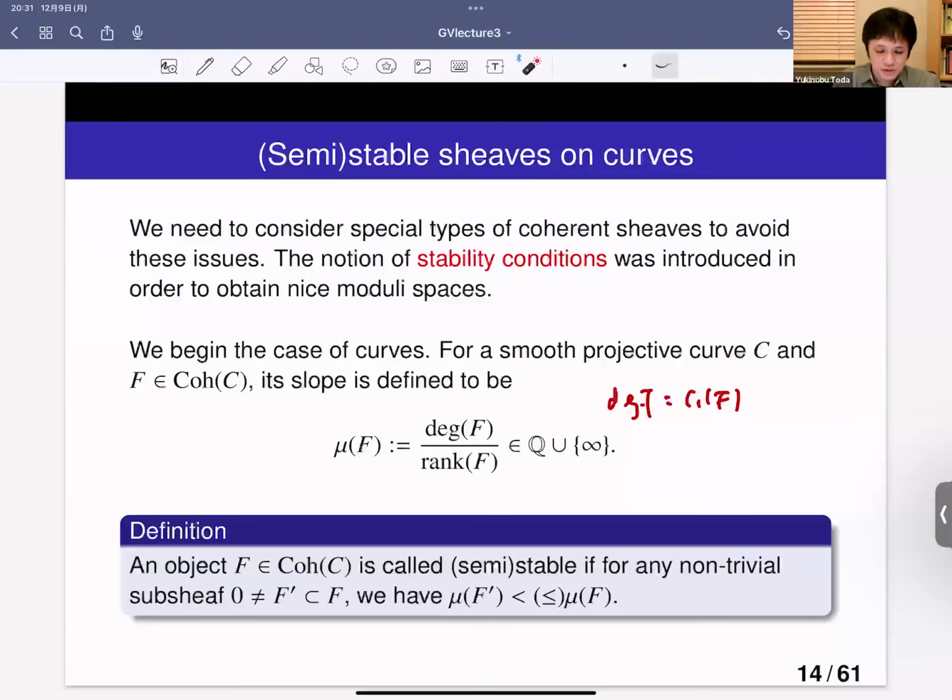Then semistable sheaves or stable sheaves are defined so that for any non-trivial subsheaf, we have the inequality of slopes. This condition automatically implies that F is either a torsion sheaf or a torsion-free sheaf, because if F contains a torsion sheaf, then since the slope of the torsion sheaf is infinite, it violates the stability condition.